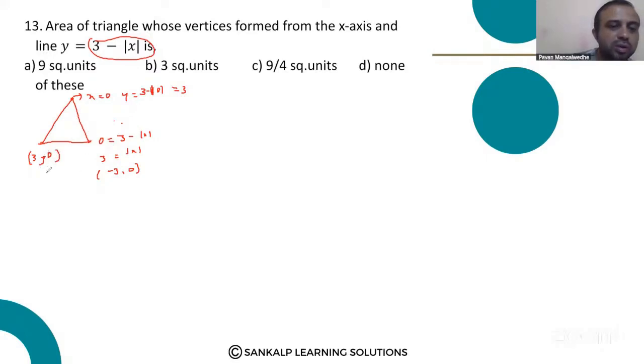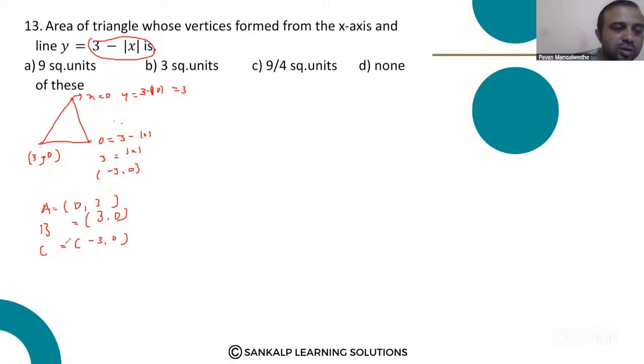So these are the three coordinates. Let A be 0 comma 3, B be 3 comma 0, and C be minus 3 comma 0.